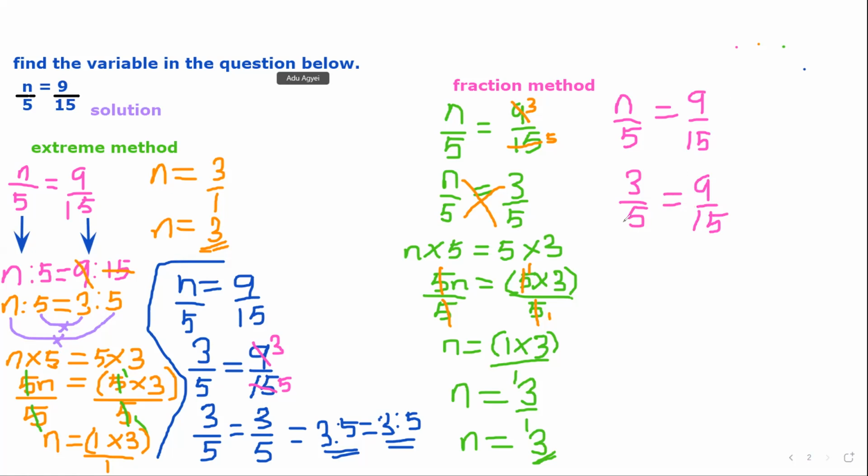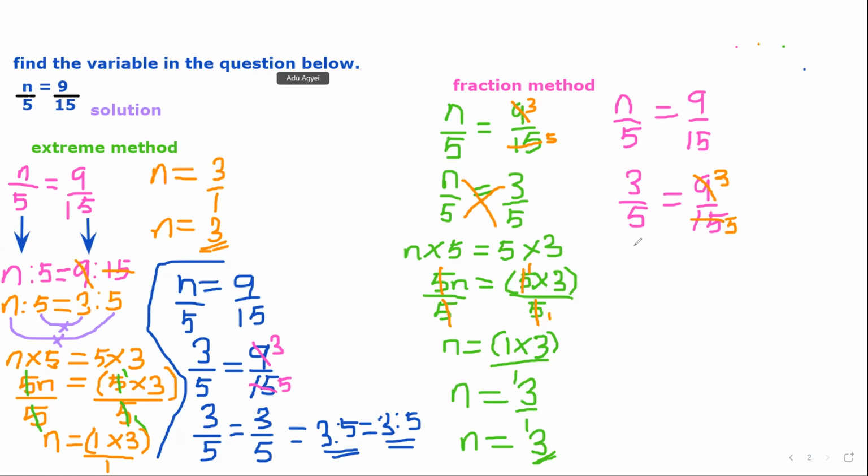Now here you do the cancellation, but 3 over 5 is already in its simplest form. There's no way you can get a number to cancel 3 and at the same time 5. But you can get a number to cancel the 9 here, 3, and the 15 here, 5. Okay, good.